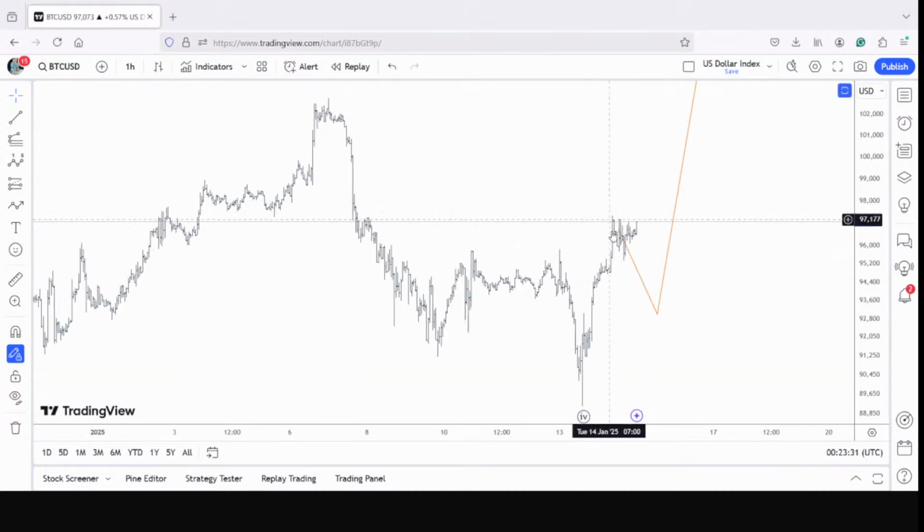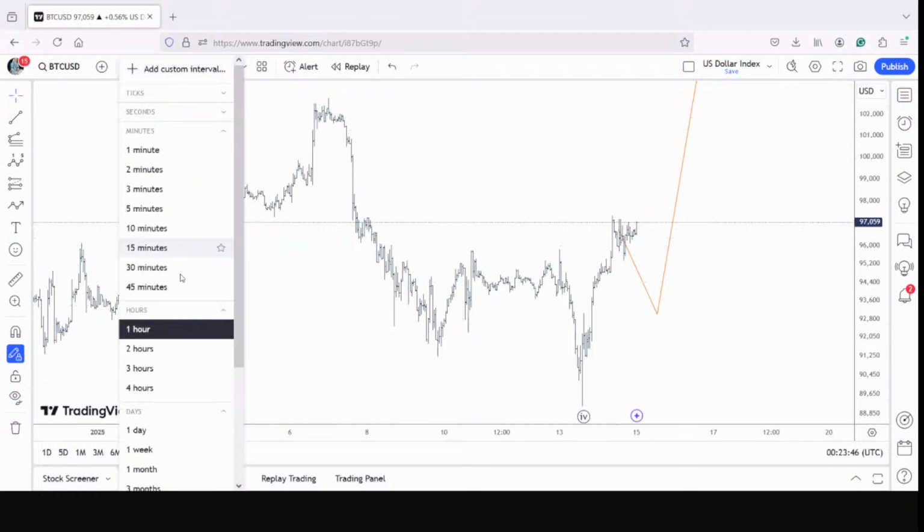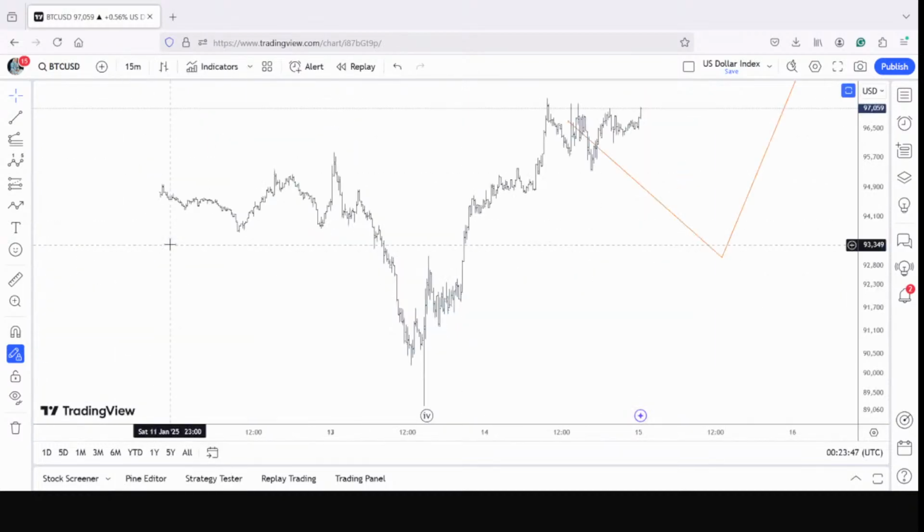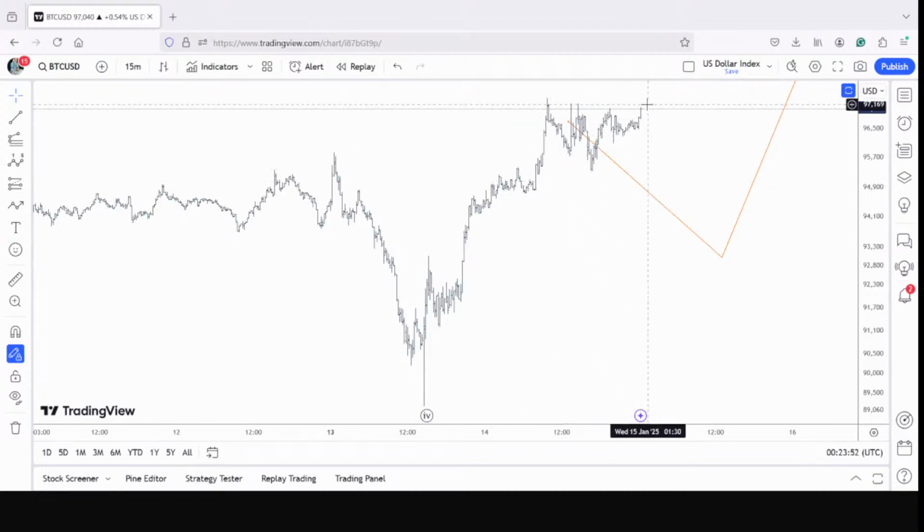I think there's a three wave down which we can see, which is wave A, and now there's another three wave up, which is wave B. Ideally, the prices should reverse from here itself. Let me bring up the 15 minutes time frame. It's a flat which is being unfolded. So it's three down and then a possible three up. And the next move should be five down lower.